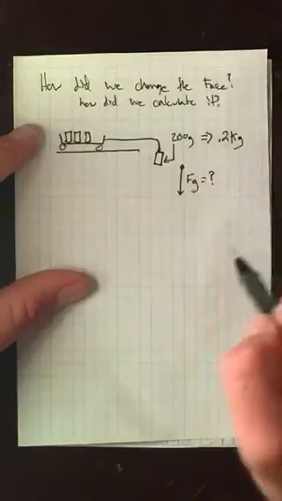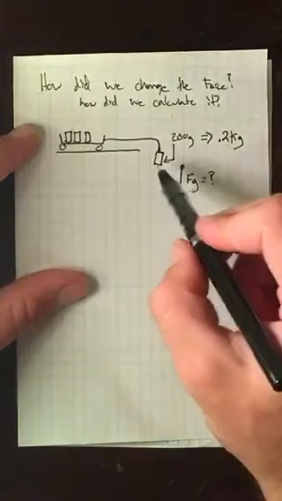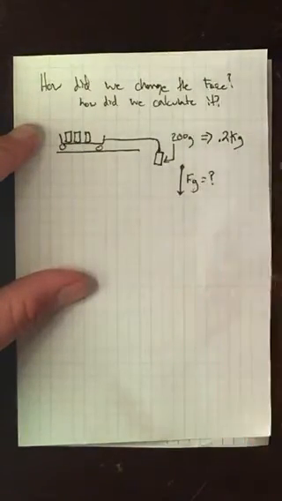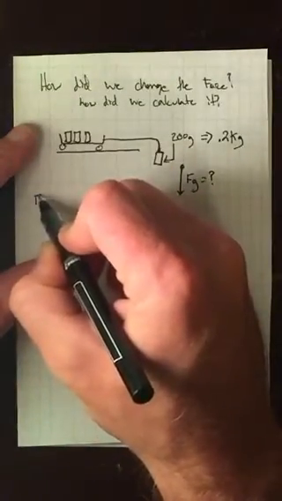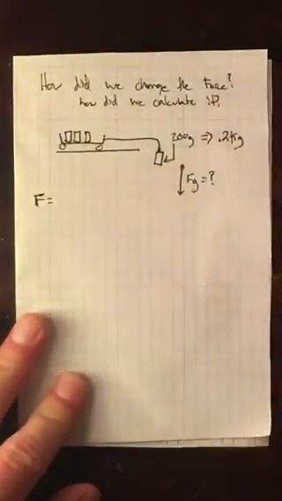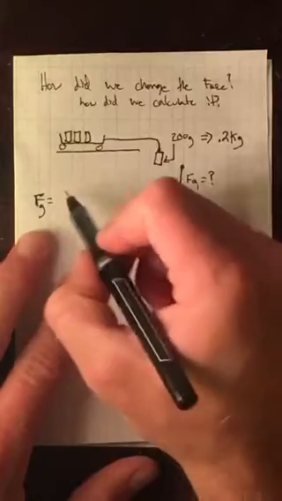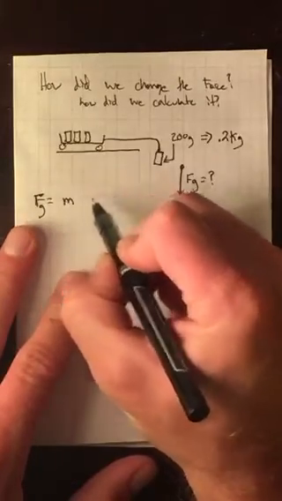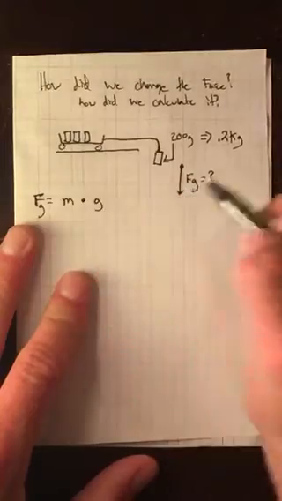It's this net force created by gravity, by the Earth, pulling on this 0.2 kilogram mass. So how do we calculate that? Well, we use a handy dandy equation. Real simple. Force due to gravity equals the mass of an object multiplied by the acceleration due to gravity.